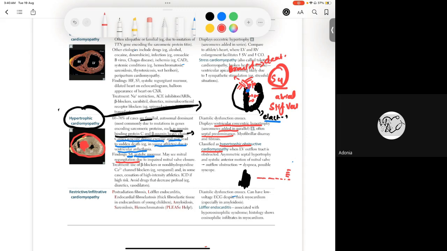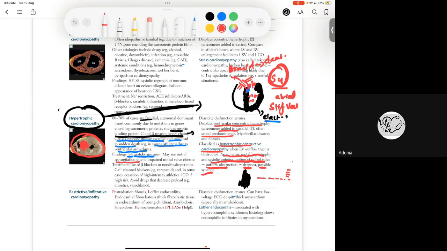This hypertrophy is going to lead to functional obstruction, as we discussed. It's also going to lead to asymmetrical septal hypertrophy and systolic anterior motion of the mitral valve, as we already discussed. So outflow obstruction is going to lead to dyspnea and possible syncope. As you have obstruction here, blood cannot move out into the aorta.